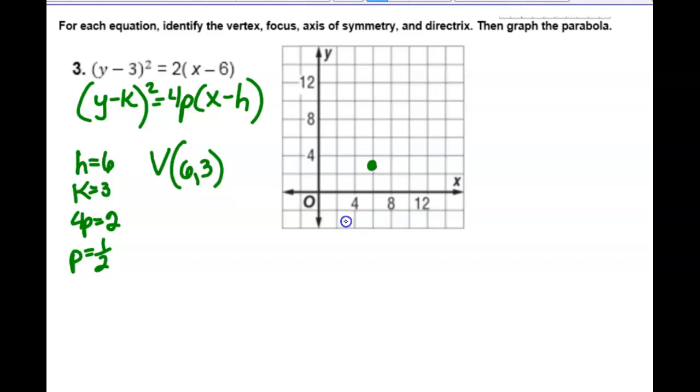I believe to the right is correct. All right, so when I look at my sheet for opening to the right, the focus, whoops, is at H plus P comma K. Did anybody do that yet?